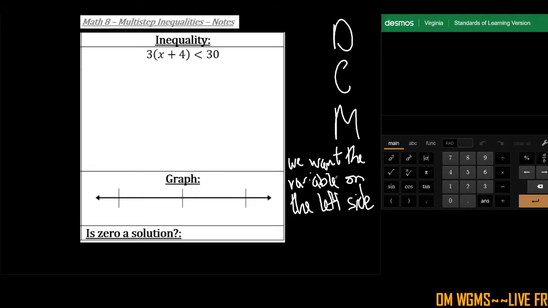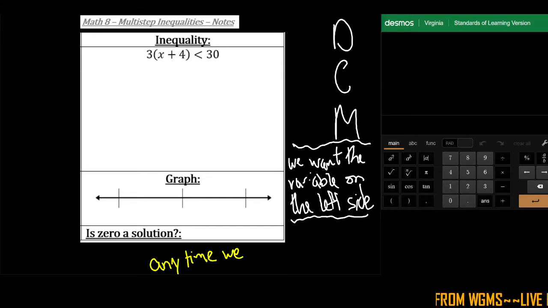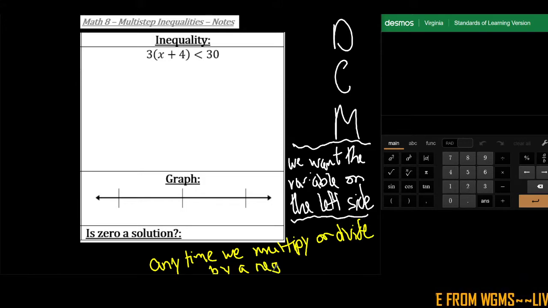And also, last idea here, anytime we multiply or divide by a negative, change that inequality symbol.